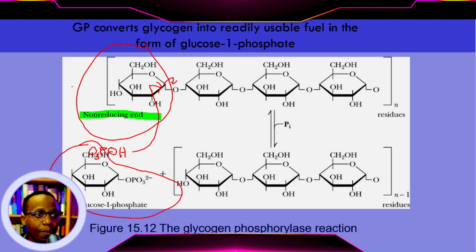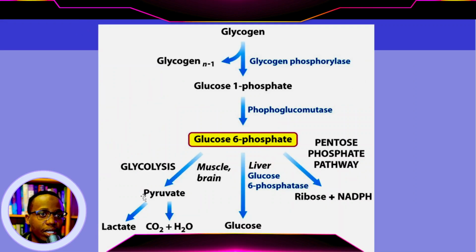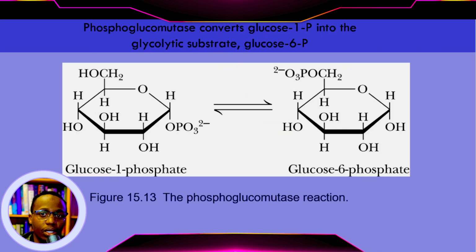So this is the reaction, and whenever you have glucose 1-phosphate, by the way, as you've noticed here, it's not the one that is used. So you need to convert it to glucose 6-phosphate to enter glycolysis and all these other pathways. So what we use is phosphoglucomutase.